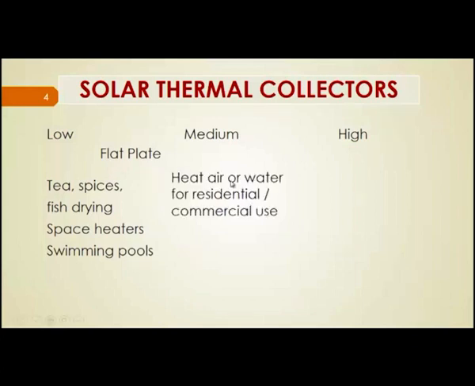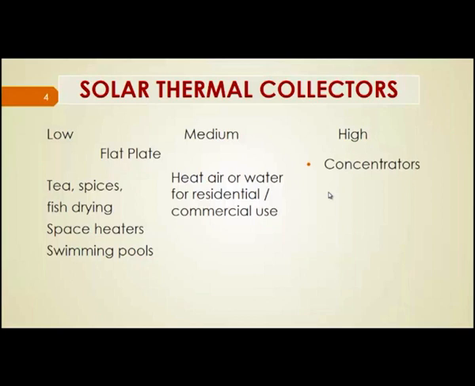And medium temperature solar thermal collectors are used to heat air or water for residential purpose or commercial purpose like restaurants. And high temperature solar thermal collectors use concentrators, with lenses and mirrors fixed at an angle along the concentrators, and it is used to generate electricity.